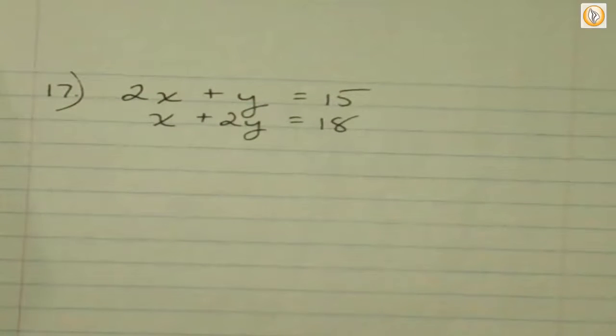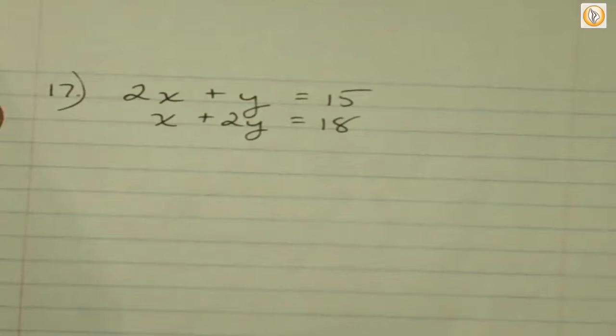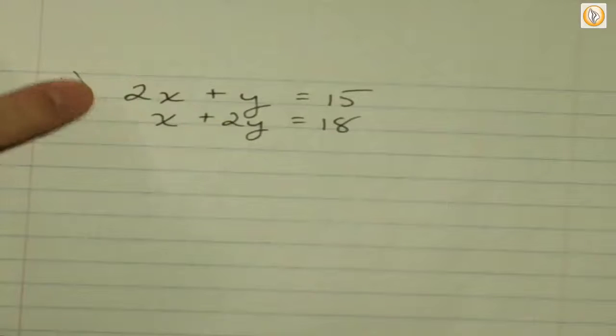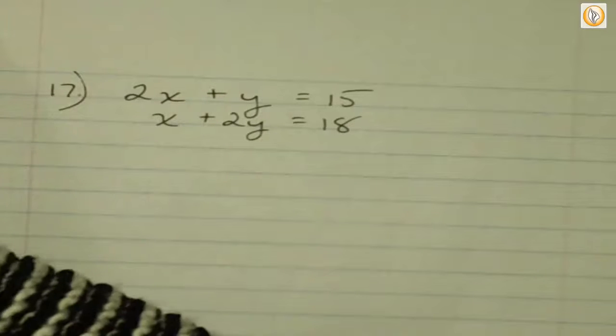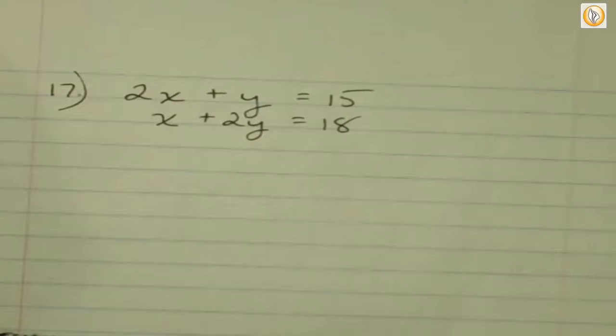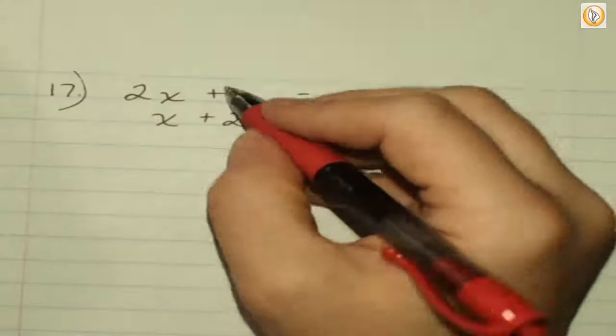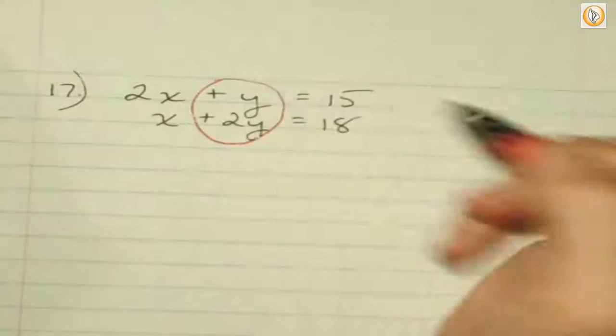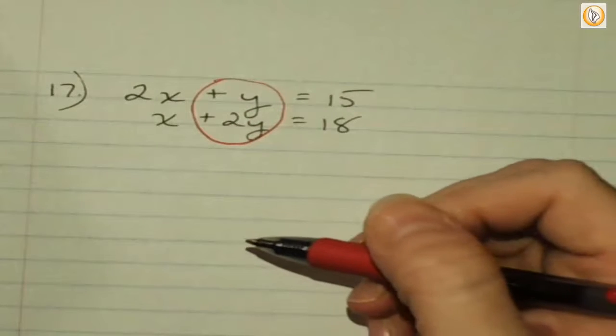Michael, what can we do? There's actually two things you can do. You've got choices to eliminate the x or you can eliminate the y. So you've got options, but Michael, which letter would you eliminate first and what would you do to eliminate it? Y. Okay, so he says let's eliminate y first. And how would you go about doing that?